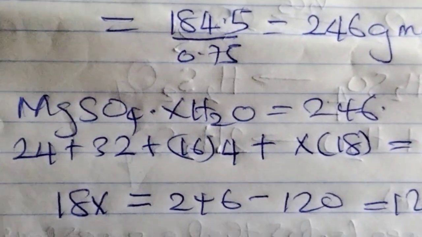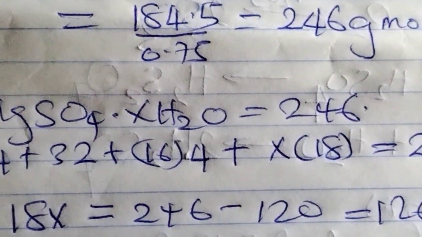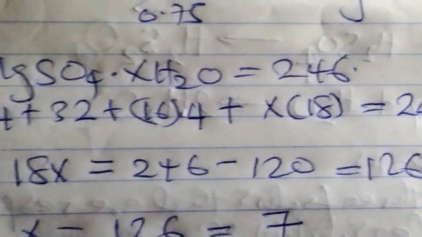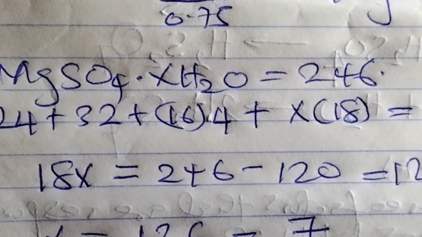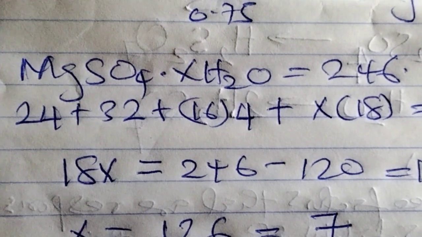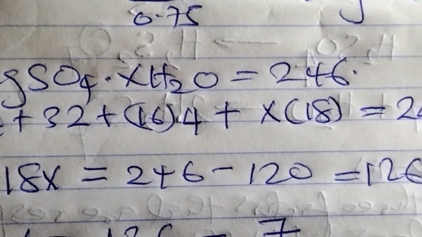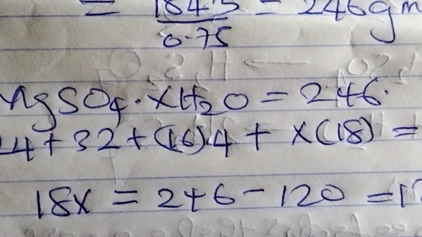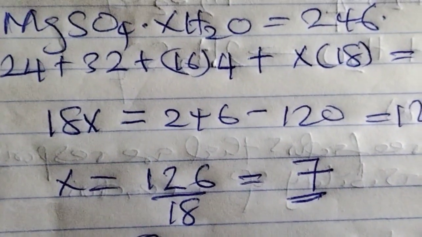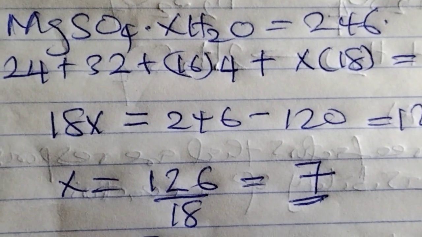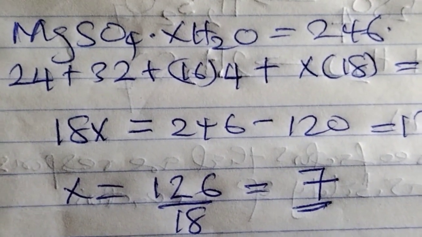We now equate MgSO4.xH2O to 246. Substitute. The mass of Mg is 24 plus 32 for sulfur plus 16 times 4 for oxygen plus x times 18, the molar mass of water. Replace the dot with plus, equal to 246. They will add up and make x the subject. So we have 18x equal to 246 minus 120.